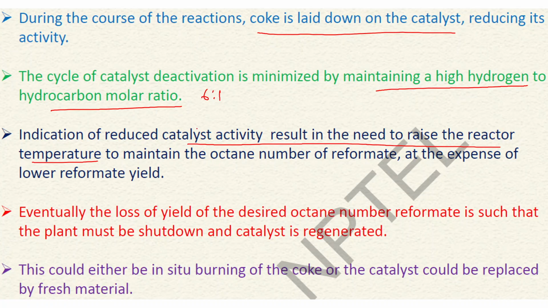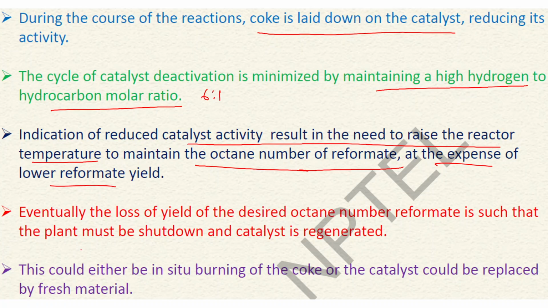To counteract the reduced catalytic activity, we sometimes raise the temperature to maintain the octane number of the reformate. The quality of the reformate is maintained, but at the expense of lowered yield.